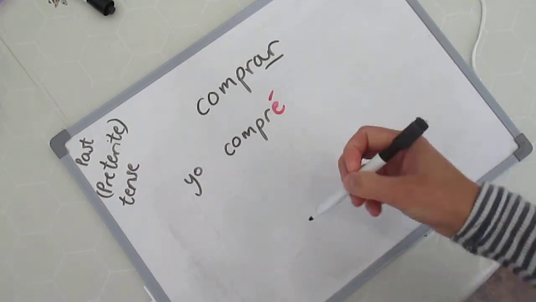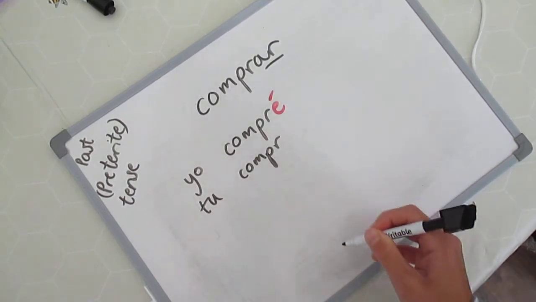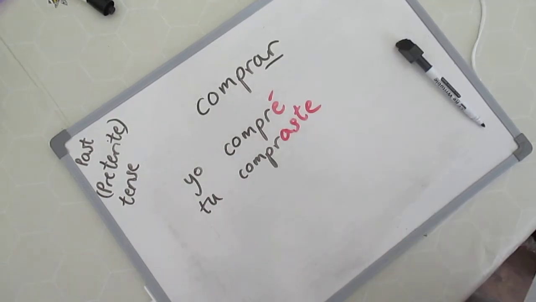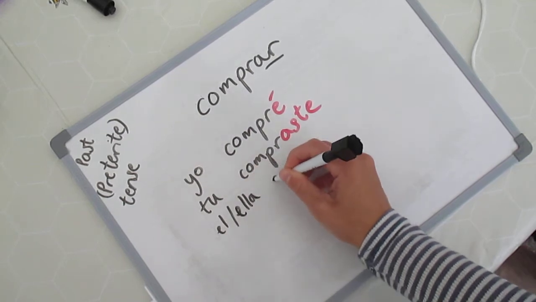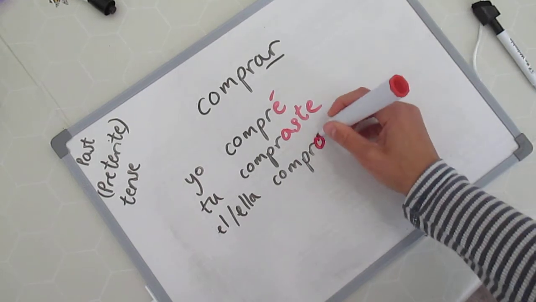So we've got compré. For tú, which is you, take off the AR, so we're left with comp, and then we add aste. Okay? Él, ella, so he or she: comp, taking off the AR again, and then we add an O.